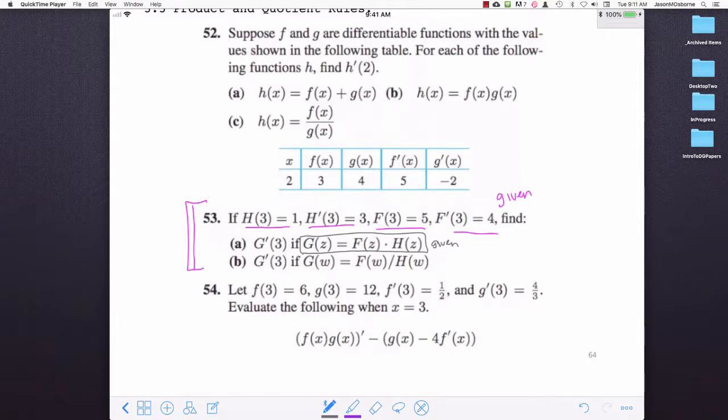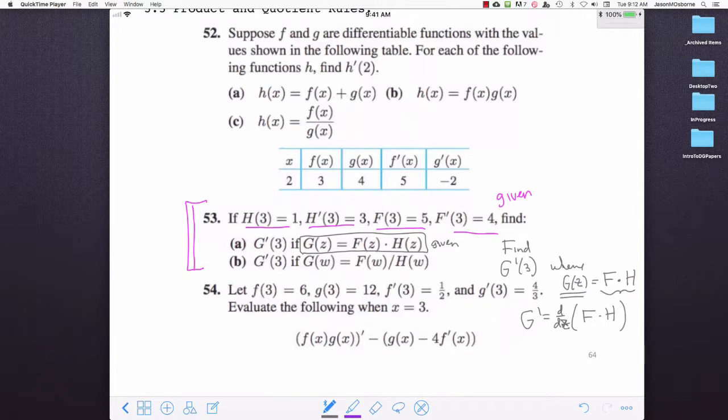And your goal is to find g prime of 3, where g of z is equal to f times capital H. And you need to find g prime. But g is the product of two functions, f and h. So g prime is the derivative with respect to z of g, which is f times h.